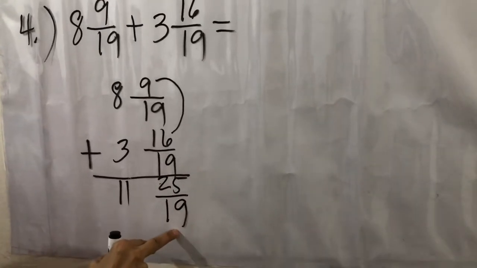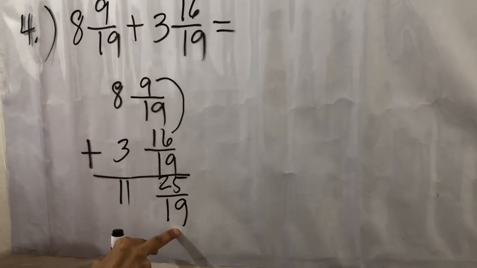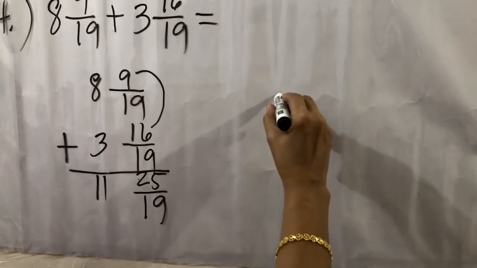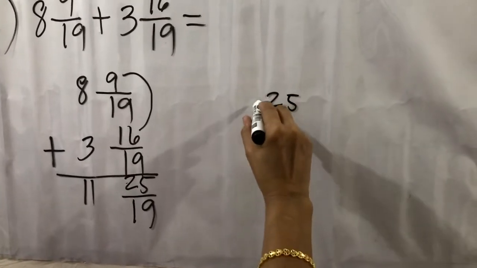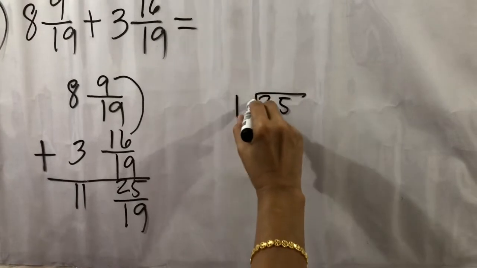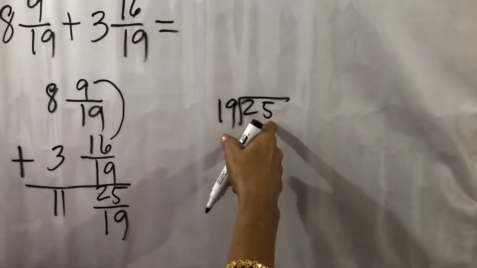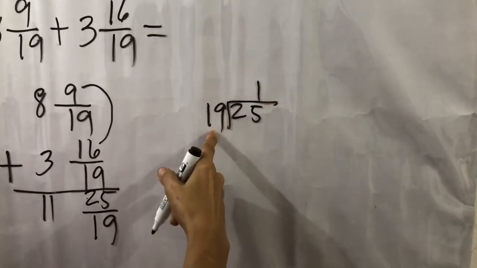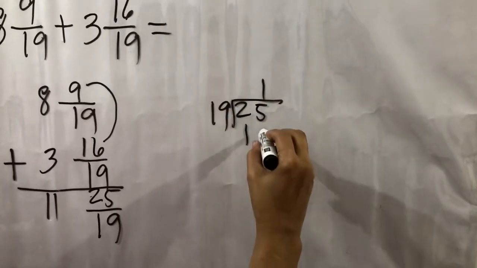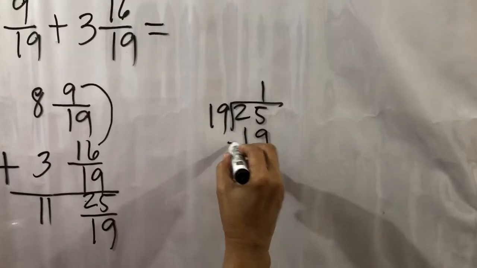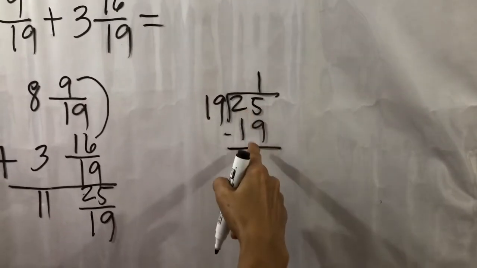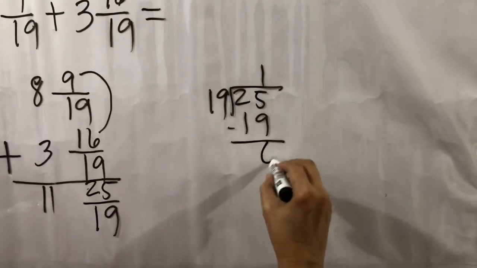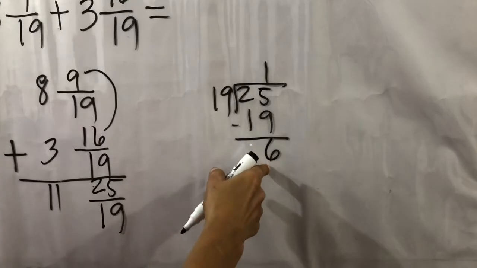So you can change this one into a mixed number by dividing. 25 divided by 19, the answer is 1. 1 times 19, the answer is 19. So subtract 25 minus 19. The answer is 6. So 6 is the remainder.